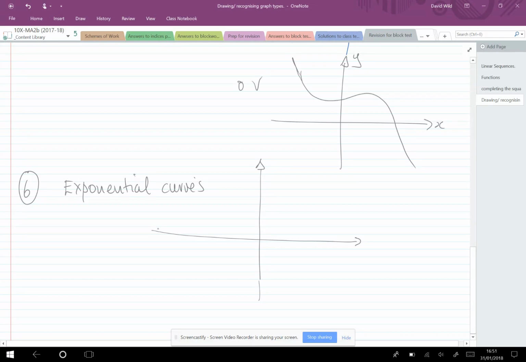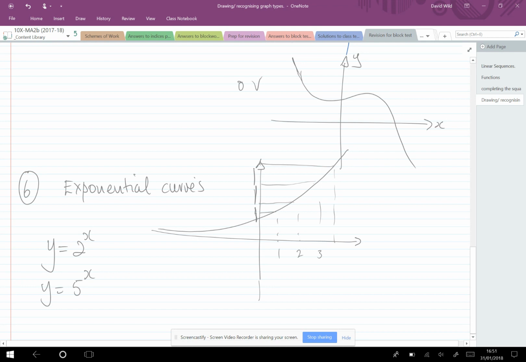For example, like this, you can see that as x is not changing a great deal, 1, 2, 3, the values of y are changing quite rapidly. When x is 4, the distance between here and here is really starting to grow a lot. These are called exponential curves, and they look like y equals 2 to the x, or y equals 5 to the x, or something like that.